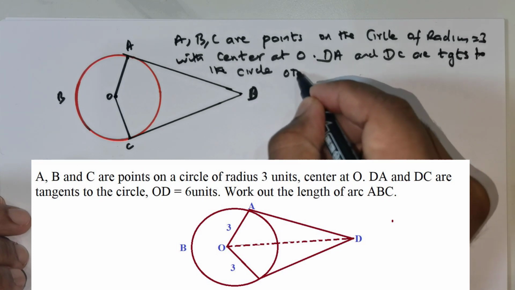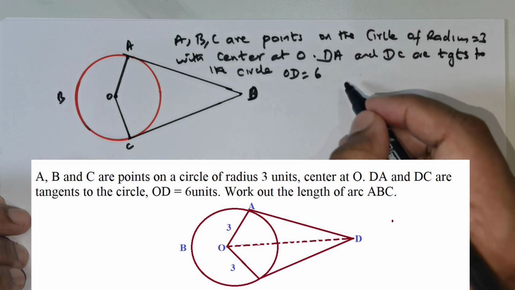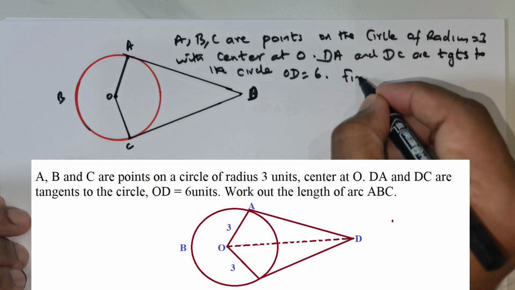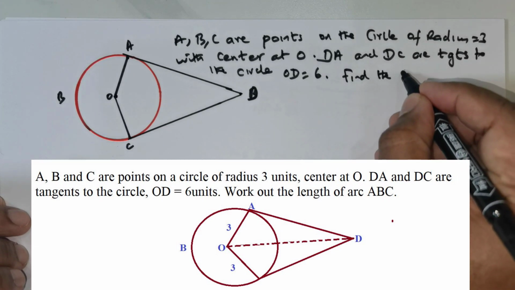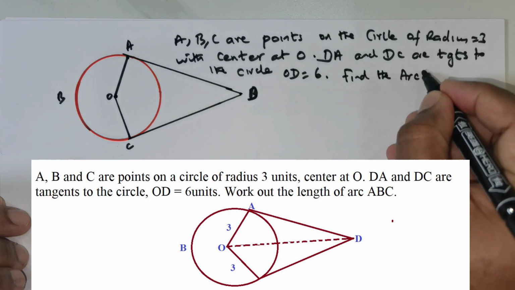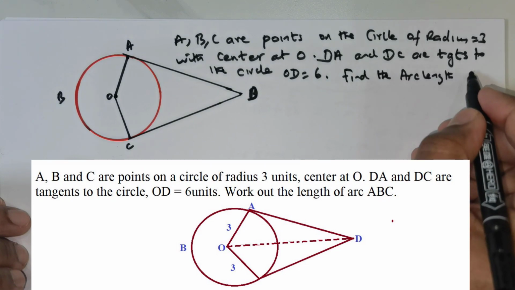Now OD is equal to 6 units. We are expected to find the arc length ABC.